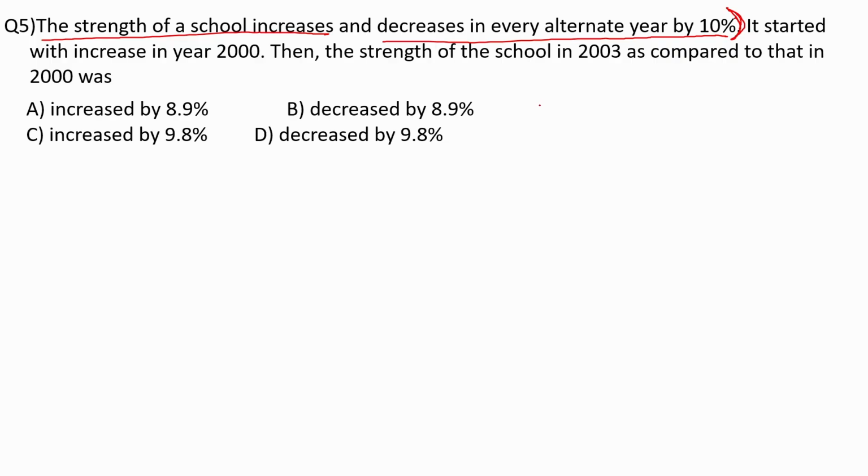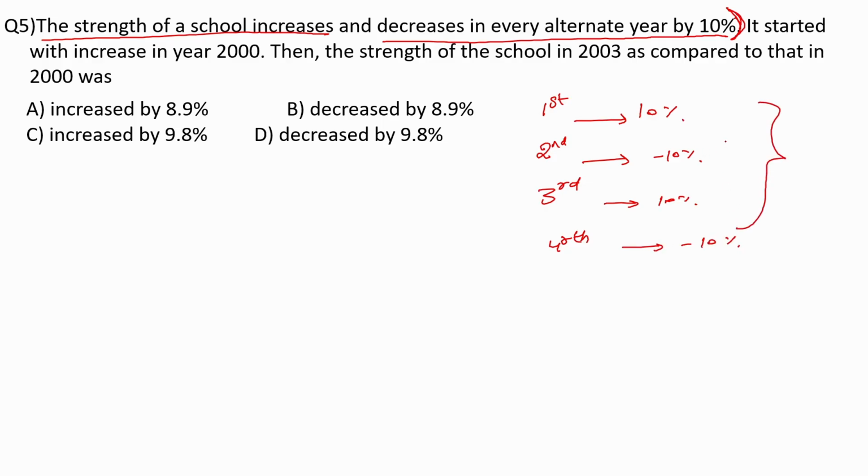If the strength of the school in the first year gets increased by 10%, in the following year, the strength of the school would depreciate by 10%. And later, it again increases by 10%. And later again, it would depreciate by 10%. So this is what the statement means.